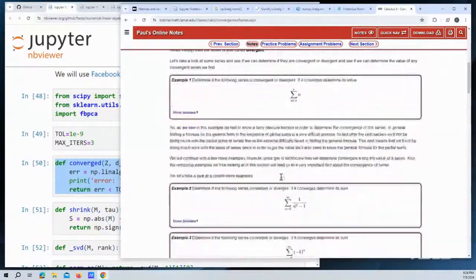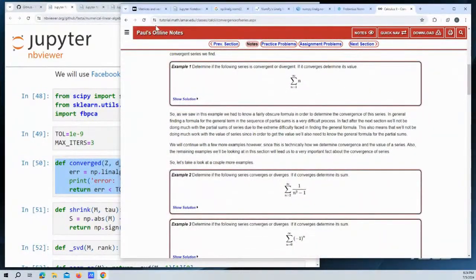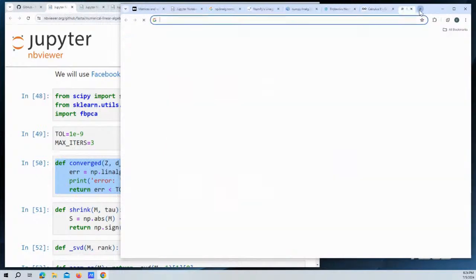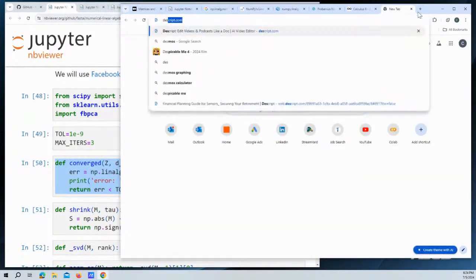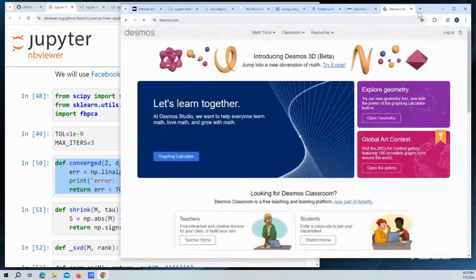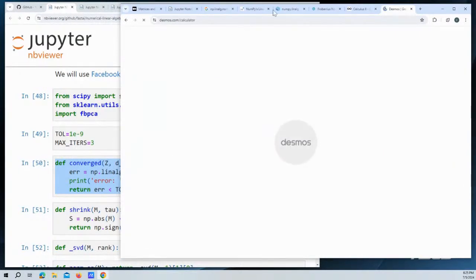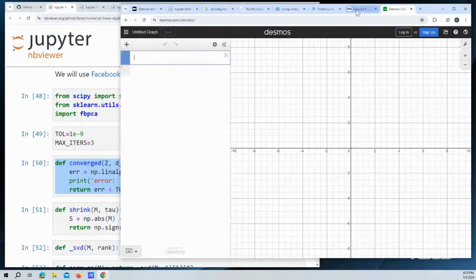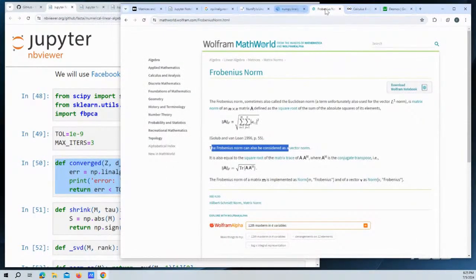Like there's rules of convergence. I wonder if maybe I need to pull up Desmos, make my own graph. Much better on someone else's graph, I think, though.